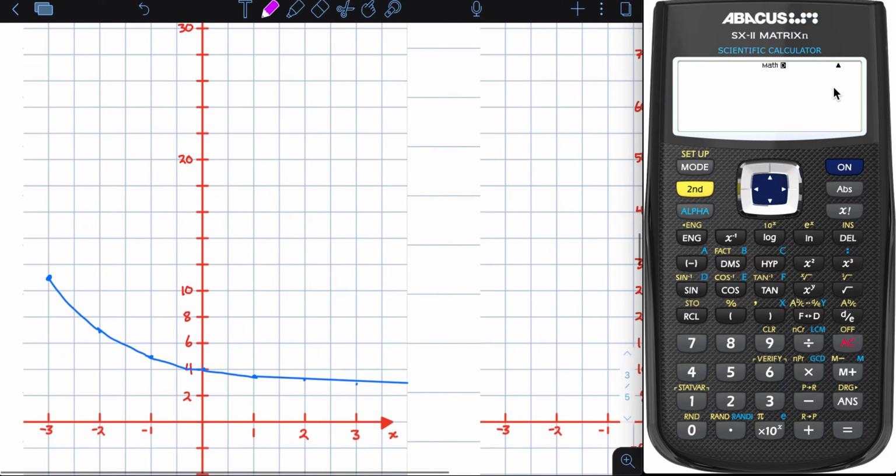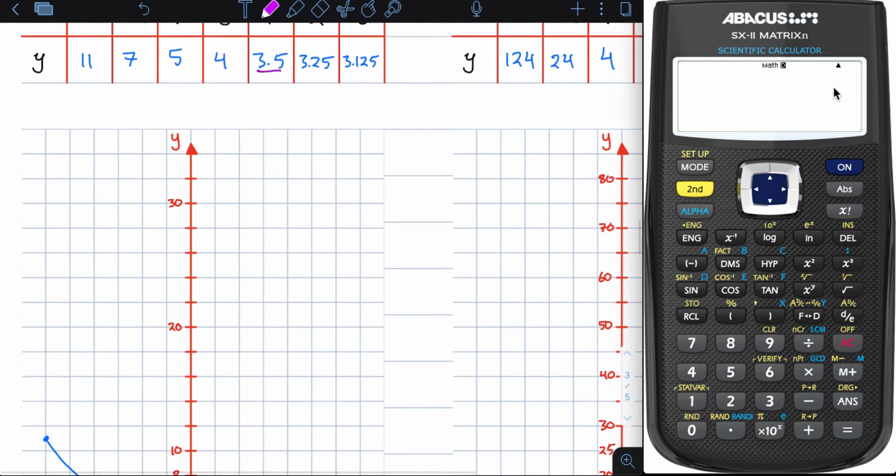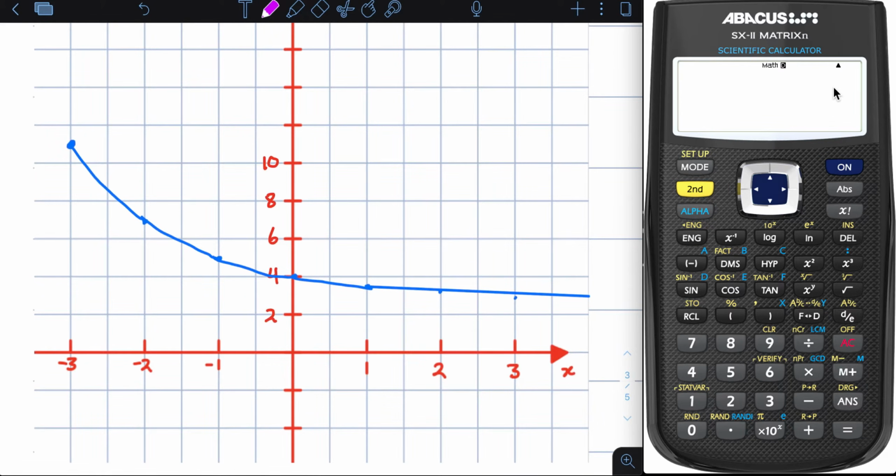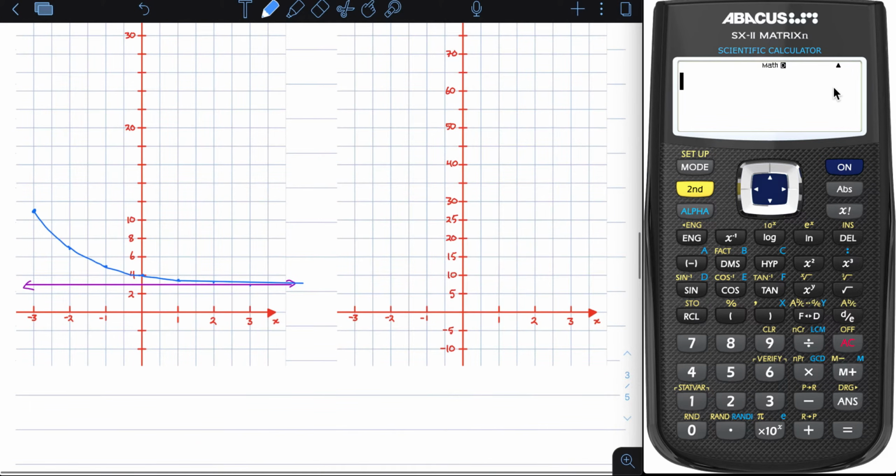Notice how the values are getting closer and closer to 3, meaning our asymptote has moved up to this line, y equals 3. So it should be a line approaching like so. Let me redraw this one. So it should look somewhat like so. And there we have it.